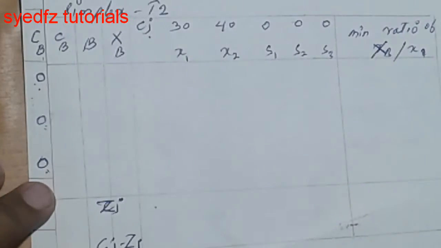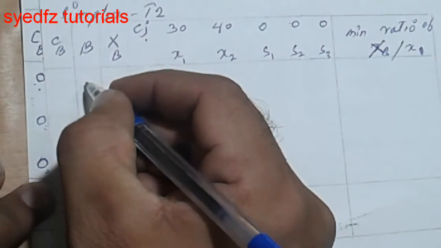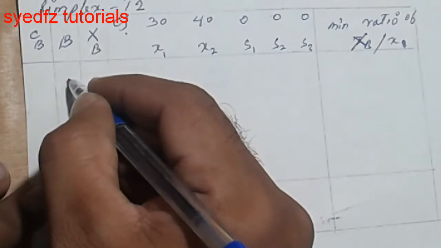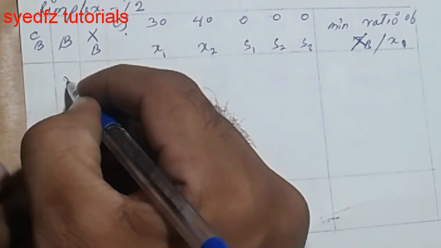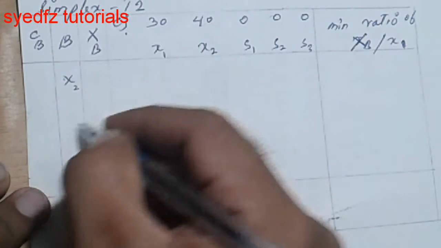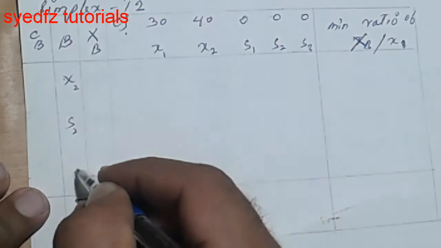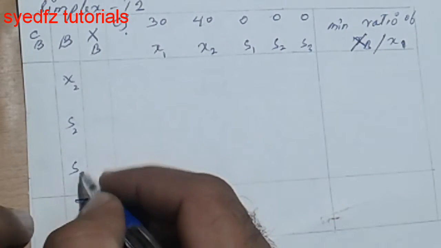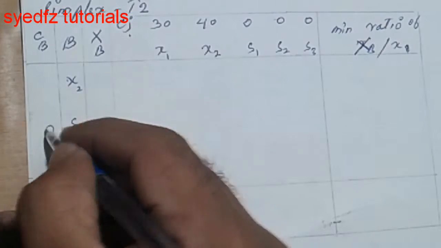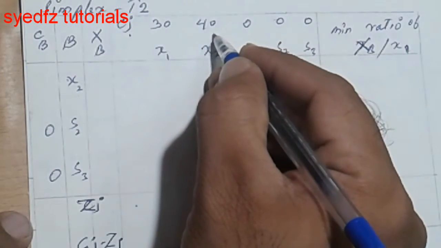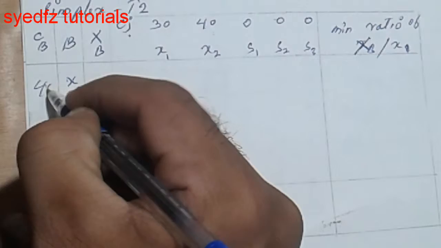Basic variable means X2 will enter here, then S2, then S3. This one 0, 0, but X2 value is 40, so take the 40 here.